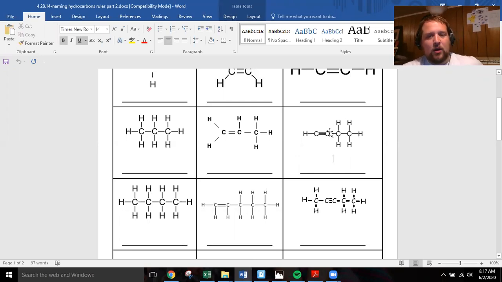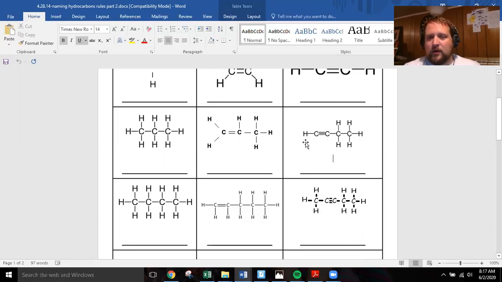When the chains get longer like this, and you have a choice between where the triple bond could go, like in the example, you're going to need a location number. So it's not enough for this example to say just butyne, but for 4 carbons, yne for the triple bond, because you could put a triple bond in the first position or the second position. You need to be specific. This is a triple bond in the first position between the first 2 carbons.